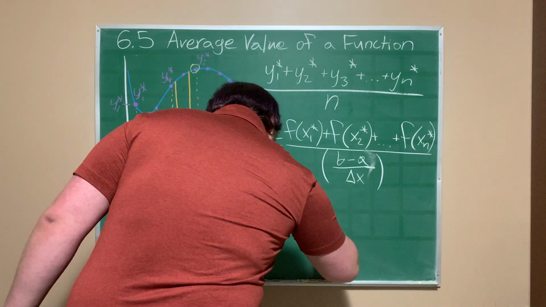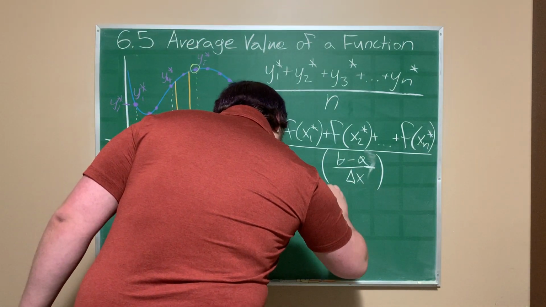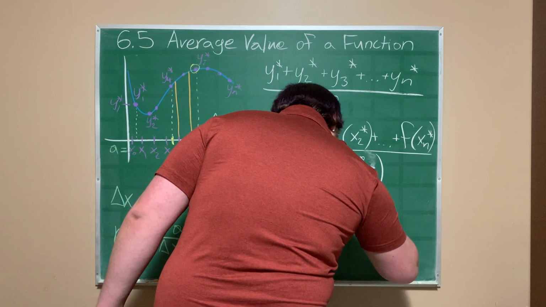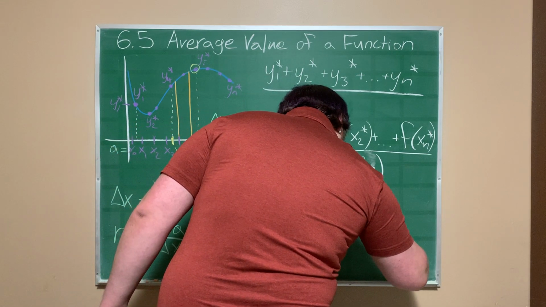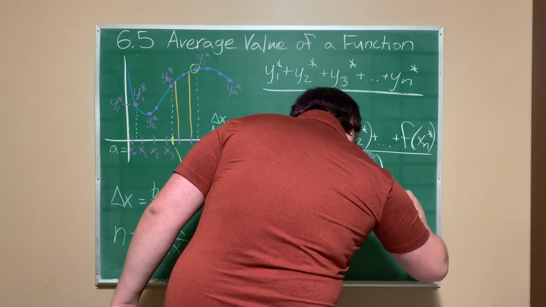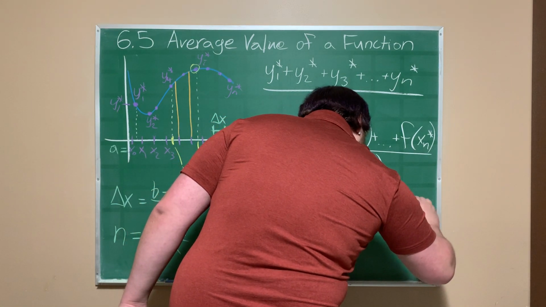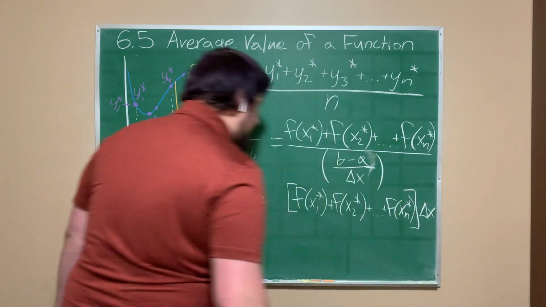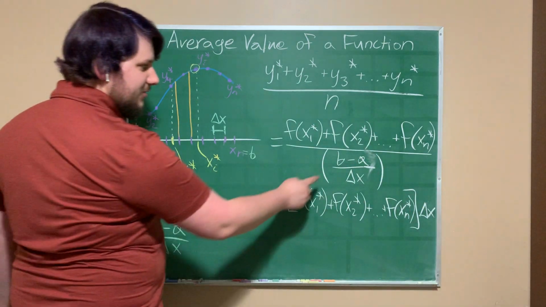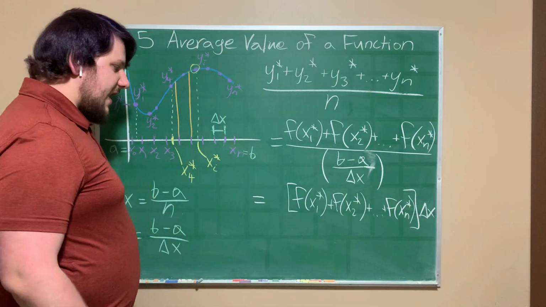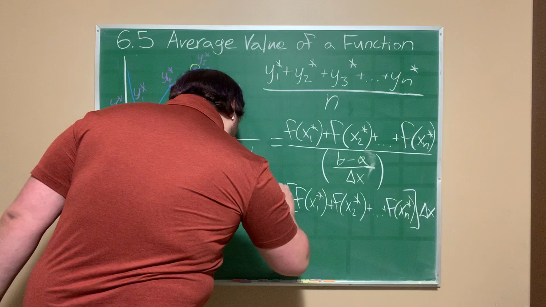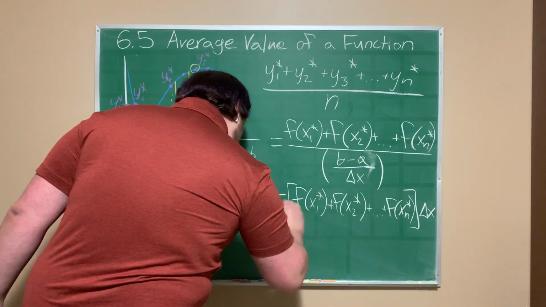So we are going to have f of x1 star plus f of x2 star and so on, all the way up to f of xn star, all multiplied by delta x. And then in the denominator, we now just have b minus a. And in many cases, people like to just factor that fraction out, so we would have a 1 over b minus a out in front.